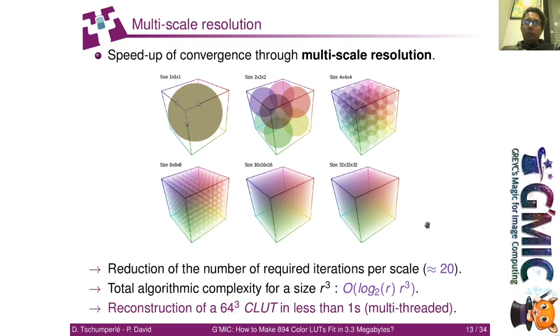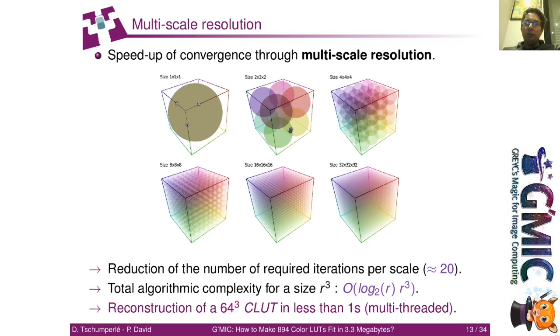Also, to avoid spending too much time computing a good initial estimate, we adopt a multi-scale strategy. We first start with a 1 by 1 by 1 CLUT, which contains a single point that is actually the color average of all known key points, and we upscale this CLUT by a factor 2.